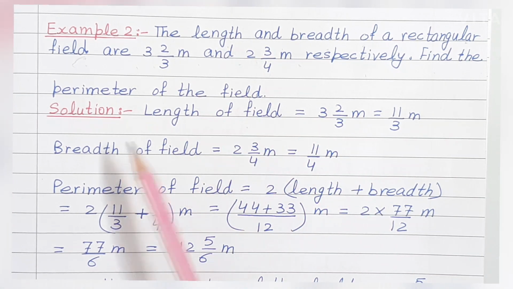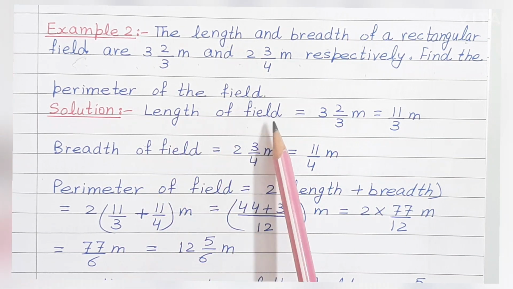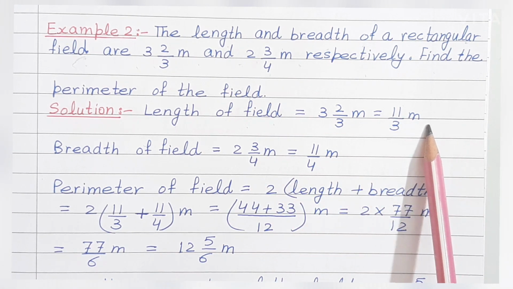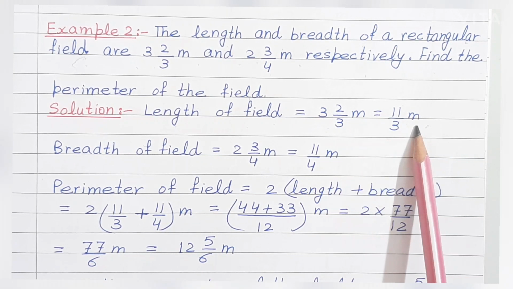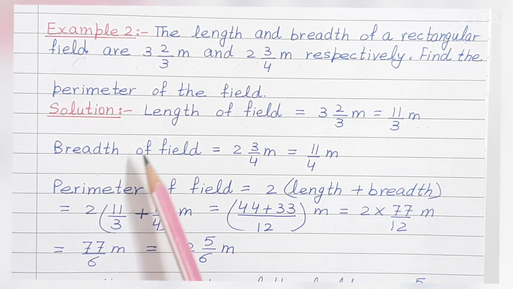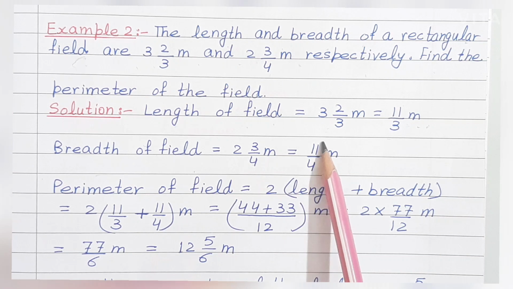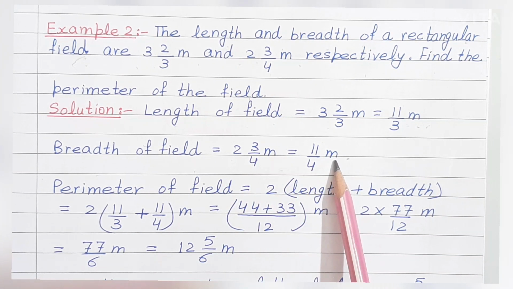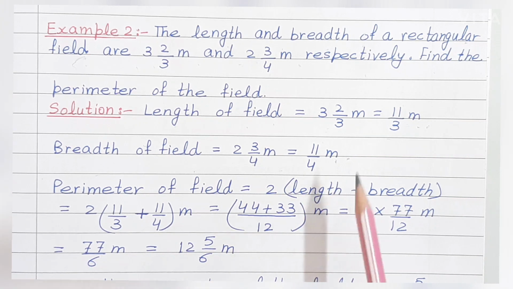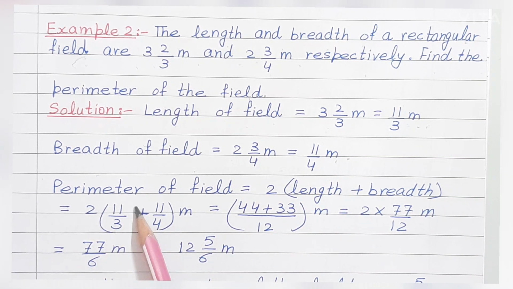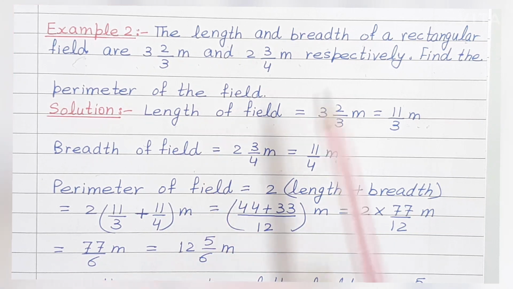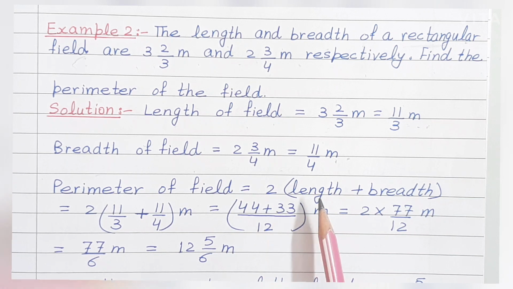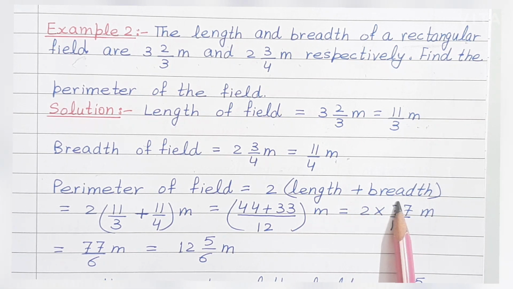So here in the solution, length of field is 11/3 meter after converting into improper fraction. Breadth of field is 11/4 meter, again converting into improper fraction. Clear?